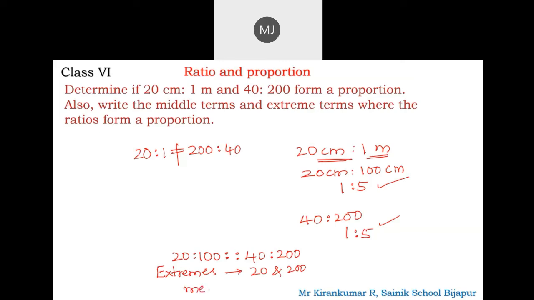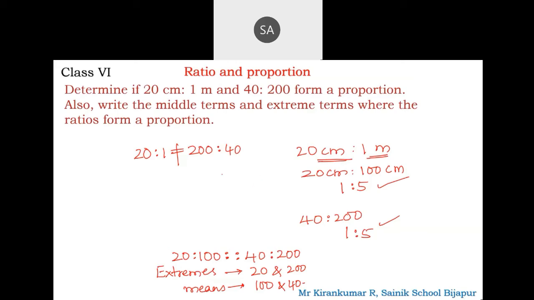The means are 100 and 40. So you should not go by what numbers are given; you have to look at the units also. The product is 4,000.